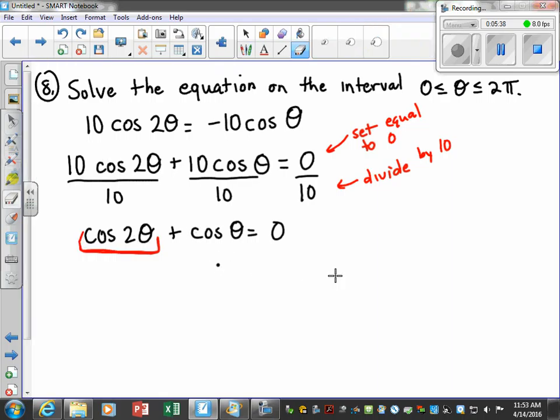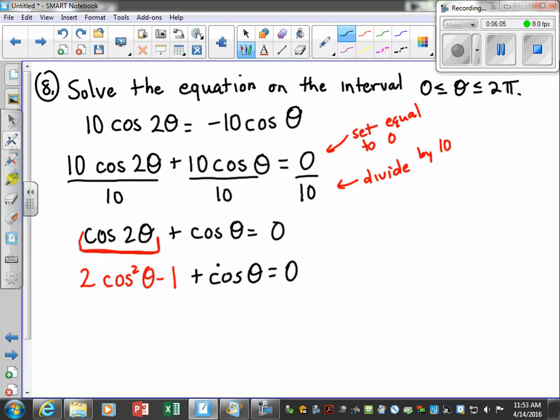So I definitely don't want to pick one of the ones with a sine in it, because then it's just going to have us in all different trig functions. So what we would like to do is have the one that's going to be all cosine. So I'm going to replace that in red with our 2 cosine squared theta minus 1. Just bringing down plus cosine of theta equals 0.